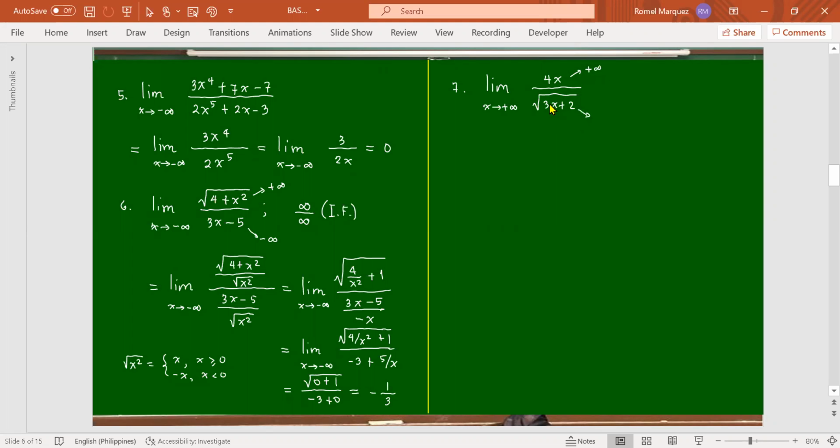The limit of the denominator? When the inside of the radical is getting very big, the radical will become big also. So this is infinity over infinity. So what will we divide both the numerator and the denominator by, Mr. Officer?